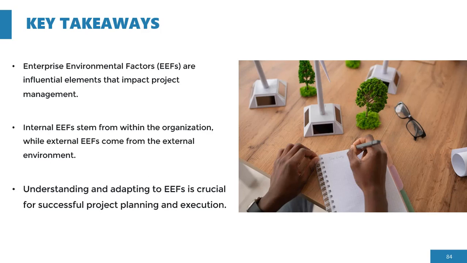Understanding and adapting to the EEFs is crucial for successful project planning and execution. Like I said, most of the factors, whether internal or external, that have influence on your project, you may not be able to have control over them. The only thing that you can do is to understand them and adapt your methodology or your strategy to them, so that you can have a successful project.